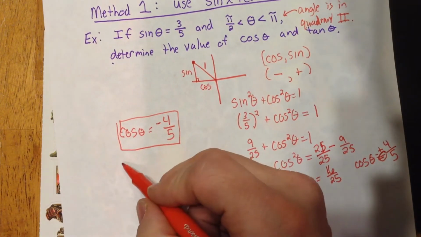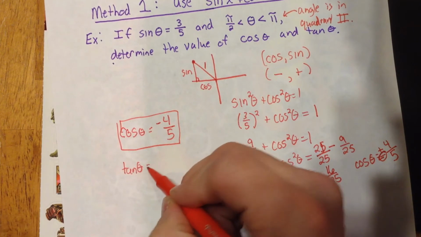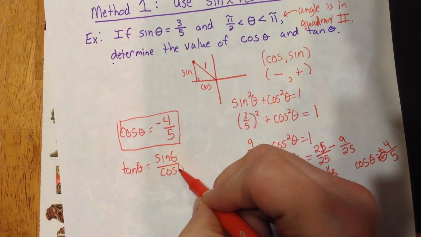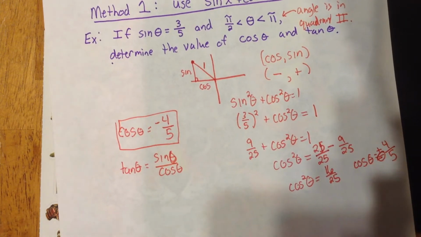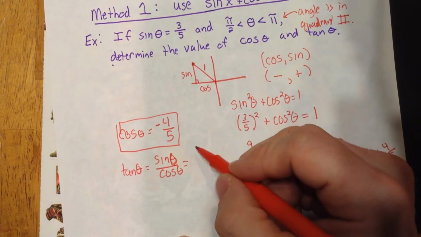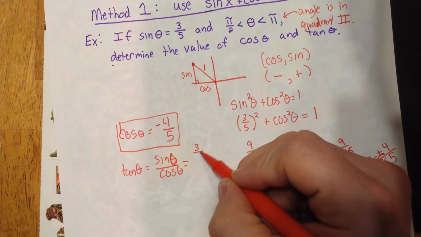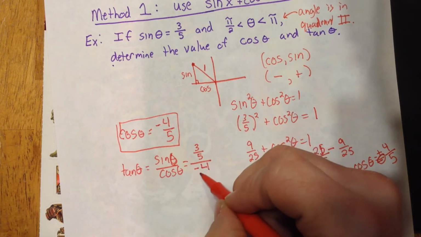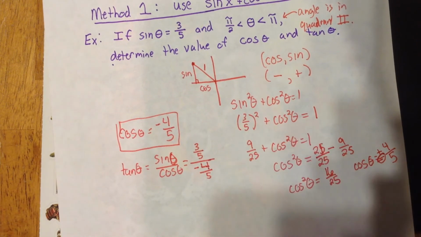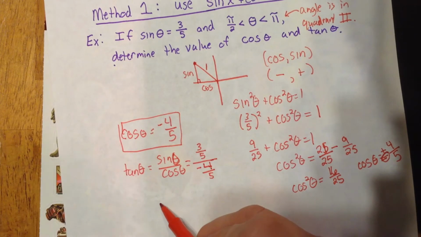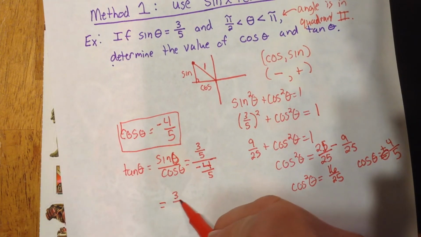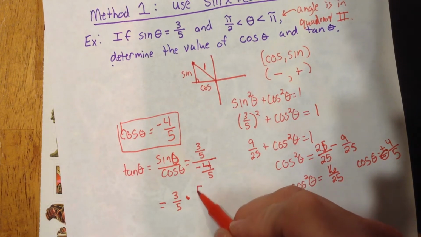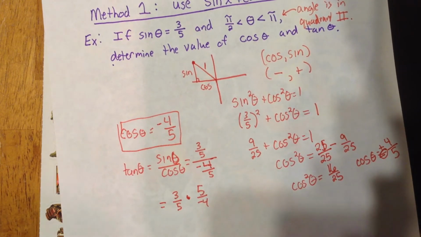Tangent's a little bit more work. Tangent of theta, if you remember, is sine of theta over cosine theta. And notice we've never found theta at any point in here. We don't need to find that angle. You know the sine is 3 over 5. You know the cosine is negative 4 over 5. You just have to simplify a complex fraction, which is just rewrite the numerator, change to multiplication, and take the reciprocal of the denominator, or copy times flip.